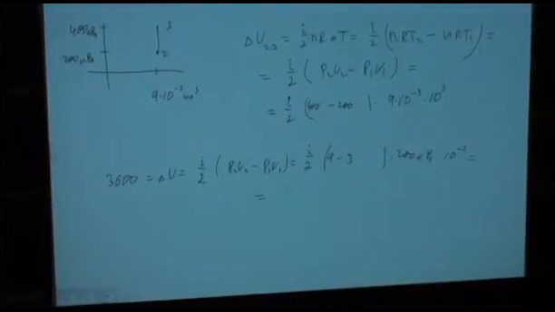So that should give I over 2 times 6 times 200. So I times 600. So 3,600 divided by 600 equals I equals 6.